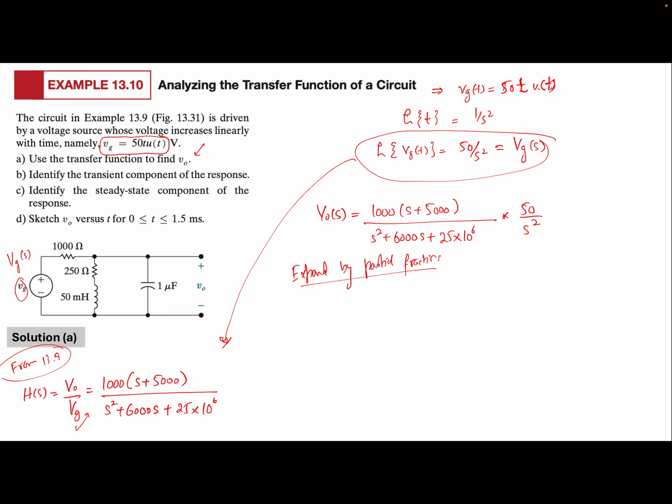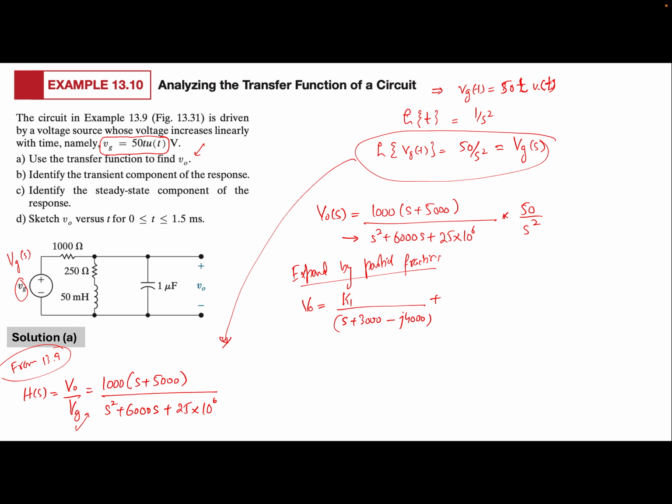If you were to expand this by partial fractions, your capital V naught should come out to be, and we also looked at this quadratic equation and found the roots of that. The roots were minus 3000 plus minus j 4000. So it should come out to be K1 over s plus 3000 minus j 4000.